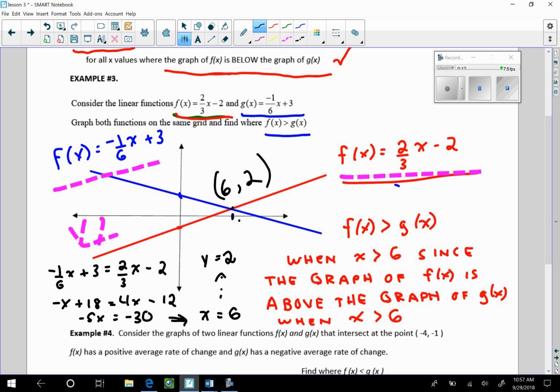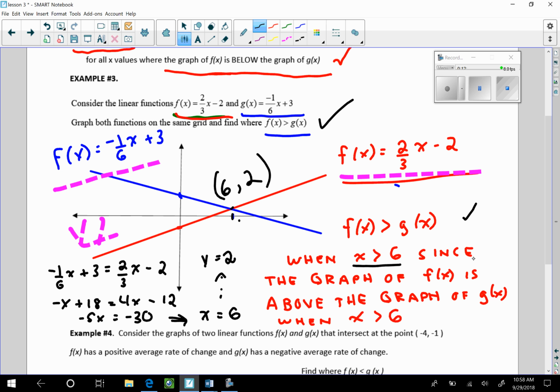And I really only needed the 6, because if I want to talk about where f of x is greater than g of x, I'm going to talk about that in terms of x values. So here's the statement, and here's the answer to this question. f of x is greater than g of x when x is greater than 6.